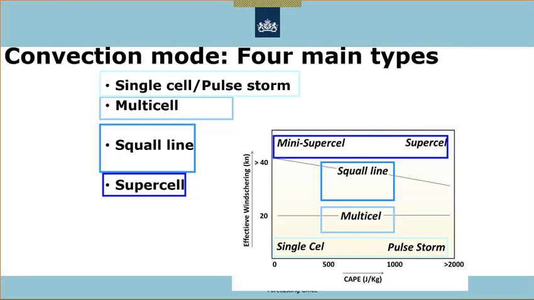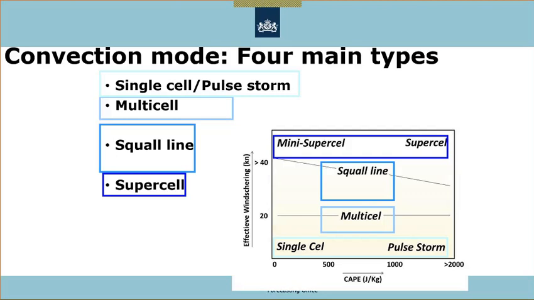Here you can see in this image the effective vertical wind shear on the y-axis, and on the horizontal axis again the CAPE. And I can tell you that that's also based on actual research done in the United States but also in Europe, that finally the amount of effective vertical wind shear is more important than the amount of CAPE.